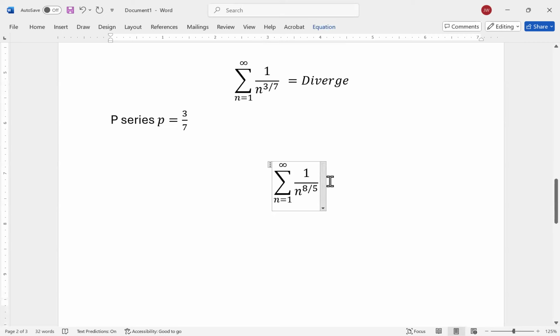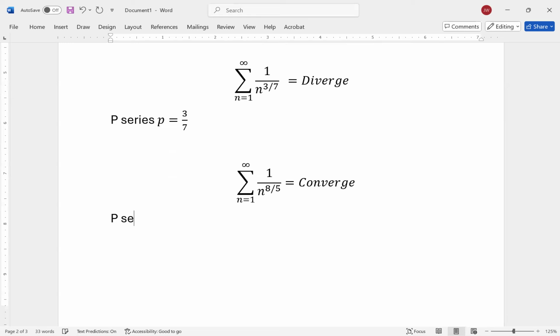Lastly, 1 over n to the 8 over 5 power is going to converge because that is a p-series and p is 8 over 5, which is bigger than 1.